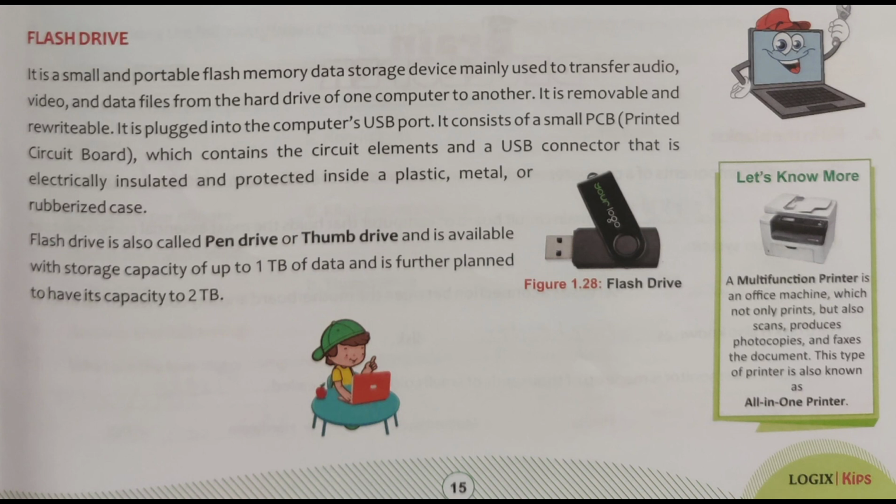It consists of a small PCB, printed circuit board, which contains the circuit elements, and a USB connector that is electrically insulated and protected inside a plastic, metal or rubberized case.